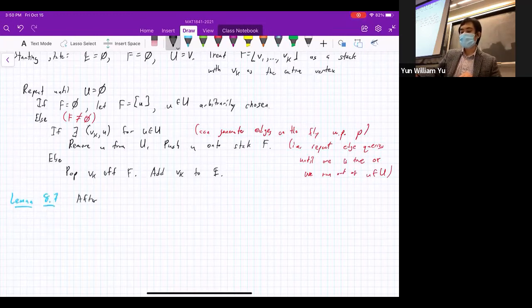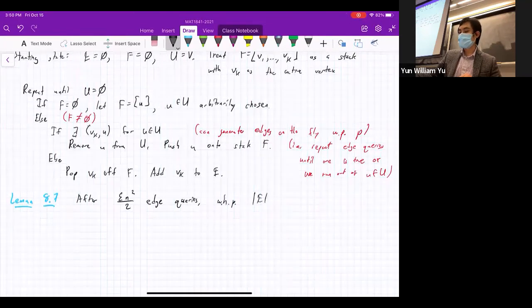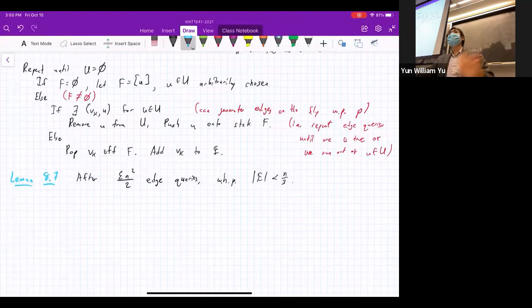Anyway, after epsilon n squared over 2 edge queries, with high probability the size of the explored set is less than n over 3. What do we mean by edge queries? We just mean each time you ask your graph, do you have an edge here? You can think of each of those as flipping a coin, because each time you ask, the graph generates: yes, I have an edge there with probability p, or no, I don't have an edge there with probability 1 minus p.